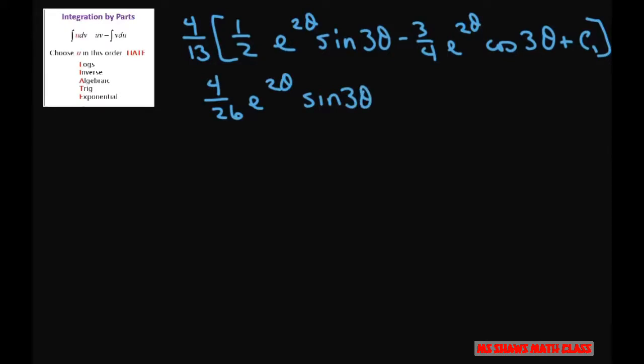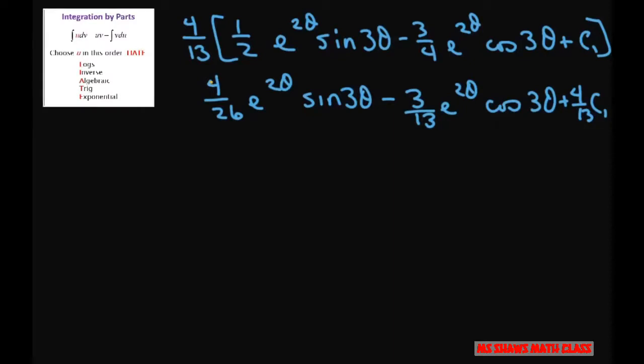And when you multiply this, the 4's cancel, so you're going to get just 3, which gives you 3 divided by 13 e to the 2 theta cosine of 3 theta plus 4/13 C1.